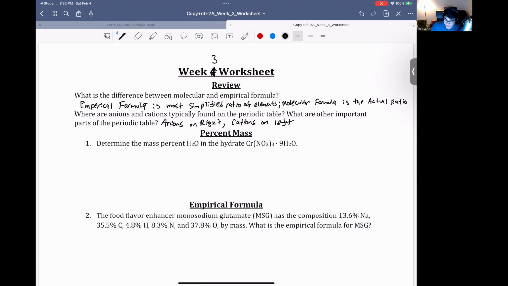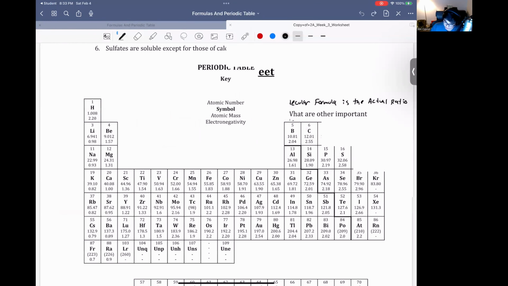This is very similar. So we're going to find the molar mass of chromium nitrate hydrate first. And then we're going to go ahead and take the mass contributed by water and divide it by the total, right?